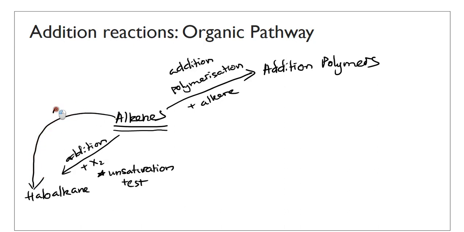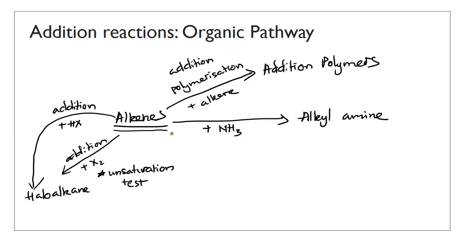So there are two ways to produce haloalkane. Either you have an addition with halogen or an addition with HX, but obviously it's going to produce different types of haloalkanes. You can also have an addition with ammonia, and that's going to give you an amine, so alkylamine.